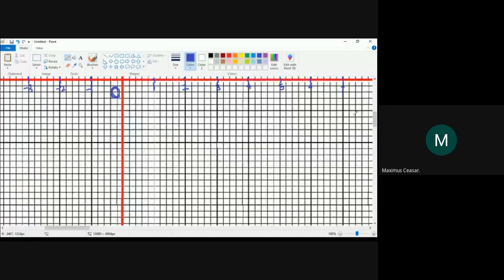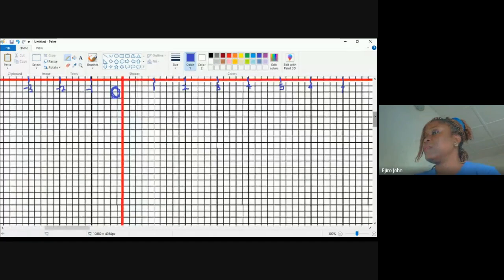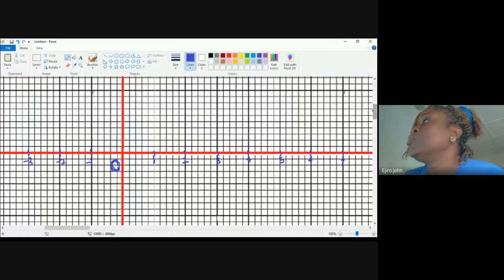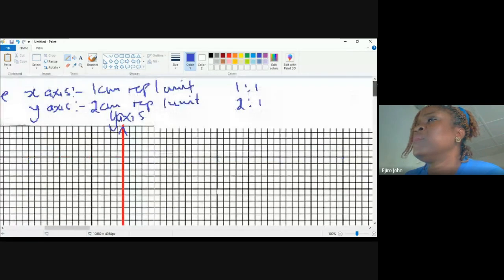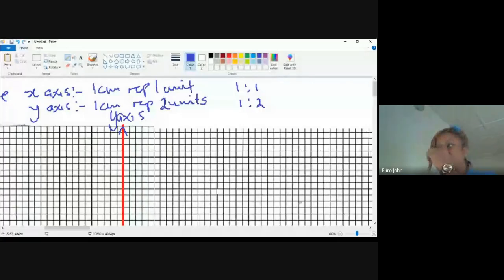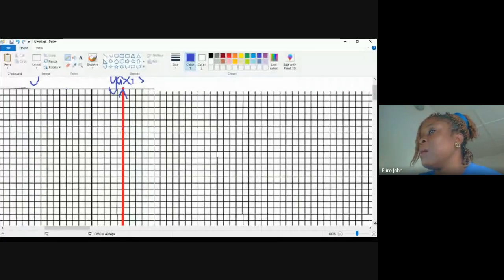So we will now write, sorry, I missed this. Let's correct it. It's 1 centimeter to represent 2 units. So on 1 centimeter, I'm going to put 2.